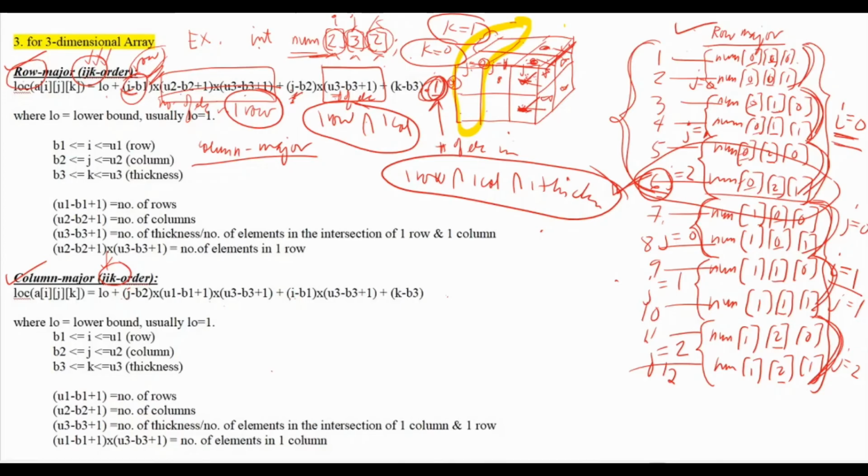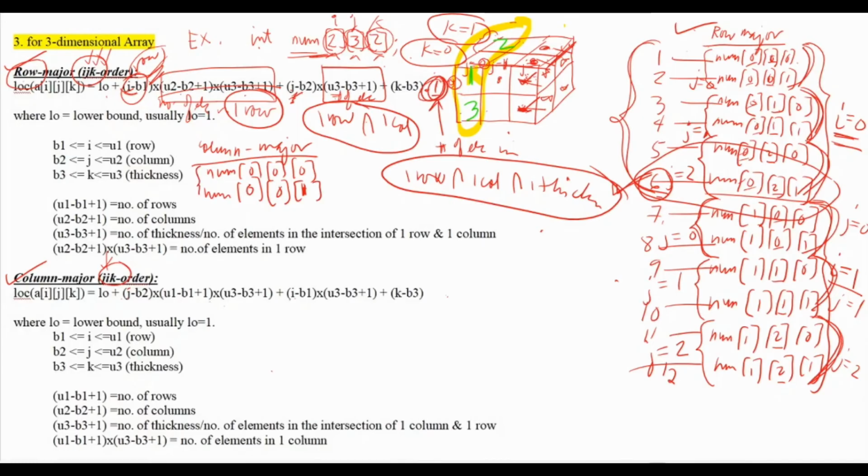So the first row is this one. First element and then second element. And then this is the third, and then at the back of this, that's the fourth. Okay? So this is now num 0, 0, 0, the first one. The second is num, the index I is 0, and J is 0, and the thickness is 1.